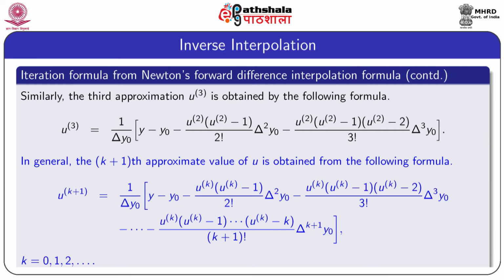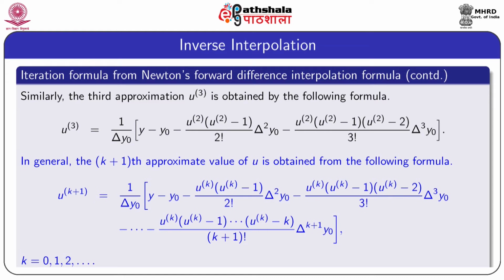In general, the k plus 1th iterated value or k plus 1 approximate value of u is obtained from the following formula. That means u k plus 1 equal to 1 by delta y0 square bracket start y minus y0 minus uk, means the value of u at kth iterated value or kth approximate value, into uk minus 1 by factorial 2 into delta 2 y0 and so on.